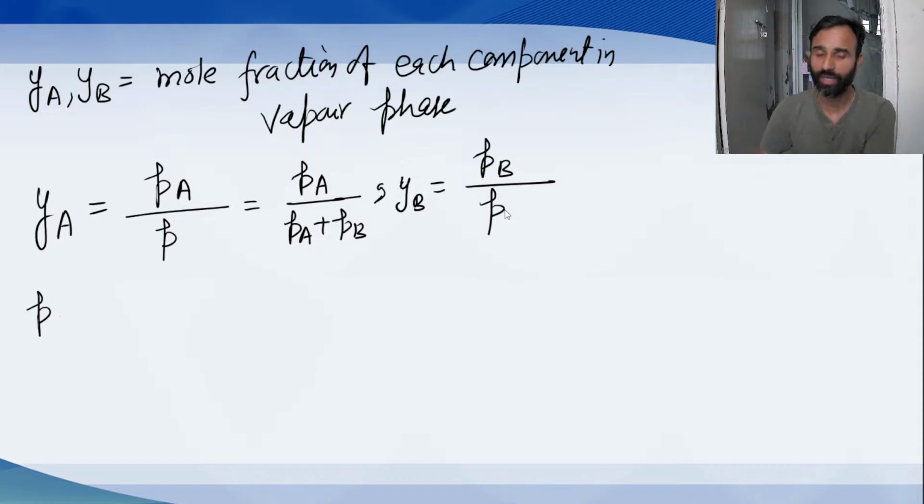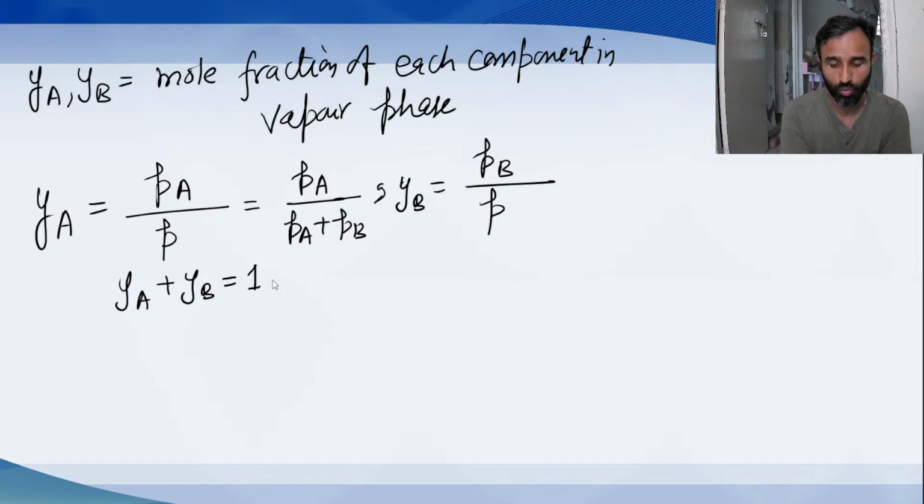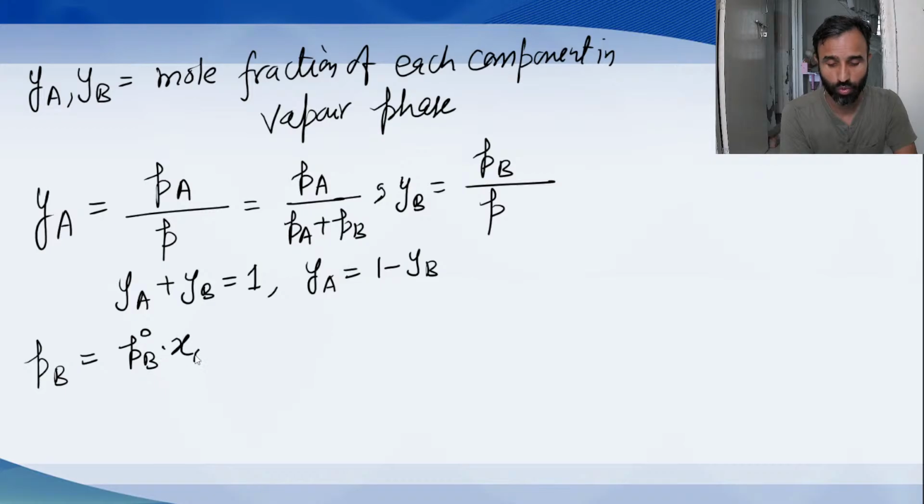This type of question we have done before. Now, you know Ya plus Yb equal to 1. So if we calculate Yb, then Ya equal to 1 minus Yb. So Yb, to calculate it, Pb equal to P naught B into XB.